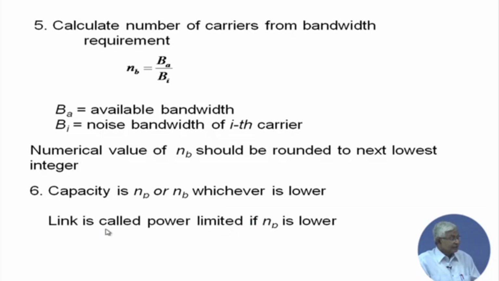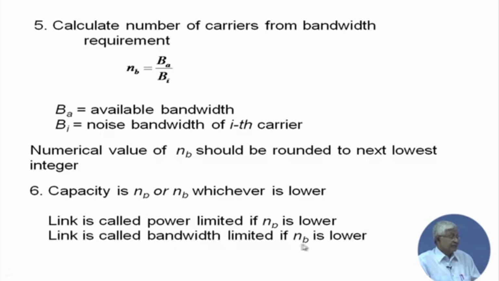Now, whichever is lower is the limit. If NP is limiting, it is called a power limited transponder or power limited case. In case the number of carriers that can be supported in terms of bandwidth is lower, it is bandwidth limited. Whichever is limiting, whichever is lower, it is called that way.